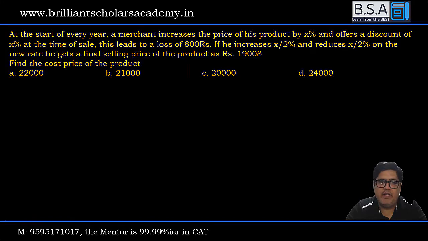At start of every year, a merchant increases price of his product by X percentage and offers a discount of X percentage at the time of sale. This leads to a loss of rupees 800. If he increases X by 2 percentage and reduces X by 2 percentage on the new rate, he gets a final selling price of 19,008 rupees. Find the cost price of the product.